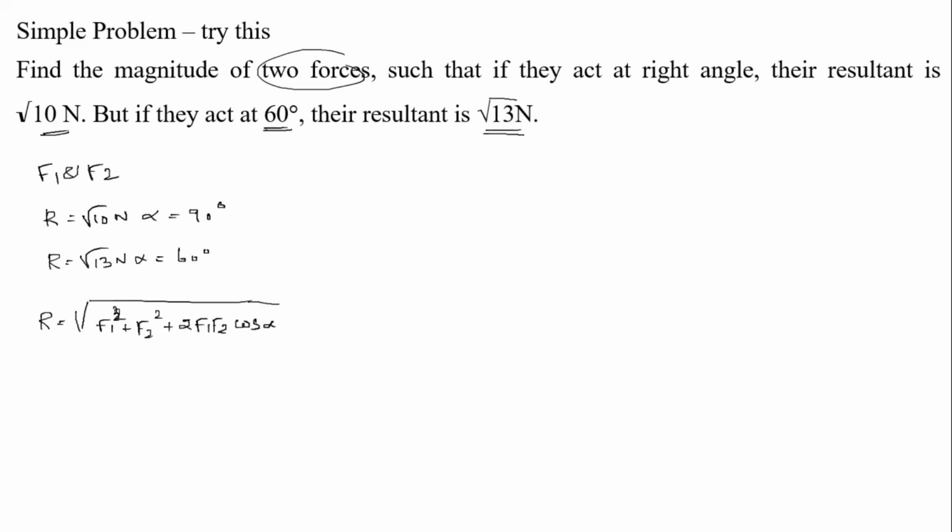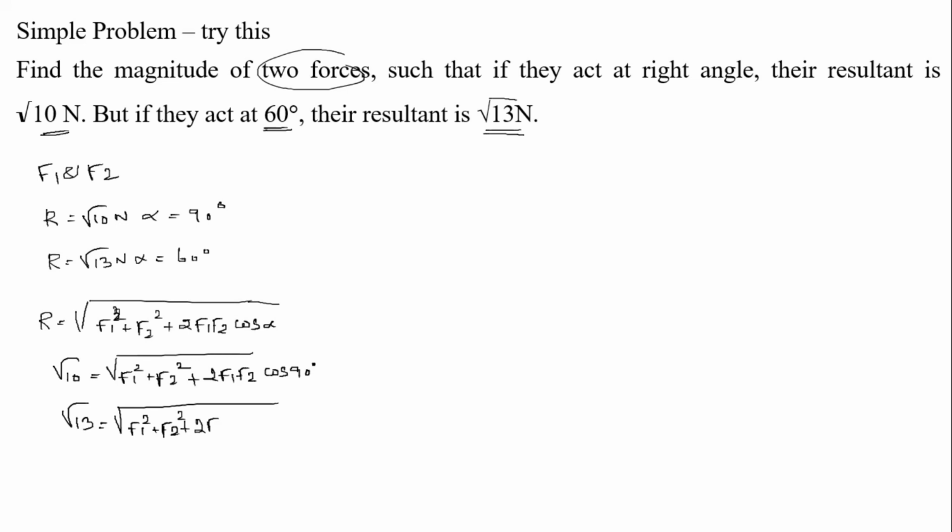So just to substitute the value, root 10, which is equal to root of F1 square plus F2 square plus 2 F1 F2 cos 90, right. Similarly, root 13, which is equal to root of F1 square plus F2 square plus 2 F1 F2 cos 60 degree, clear.